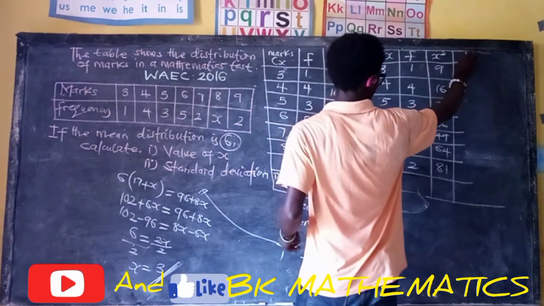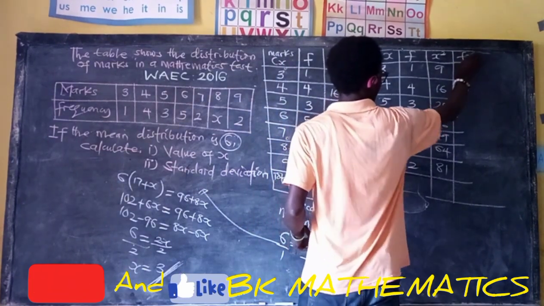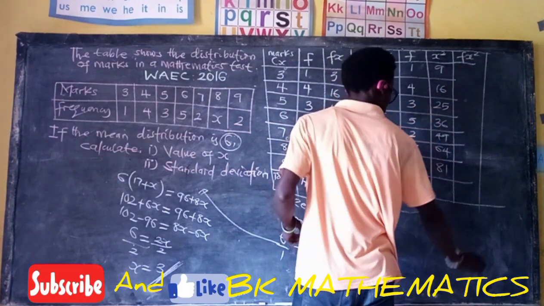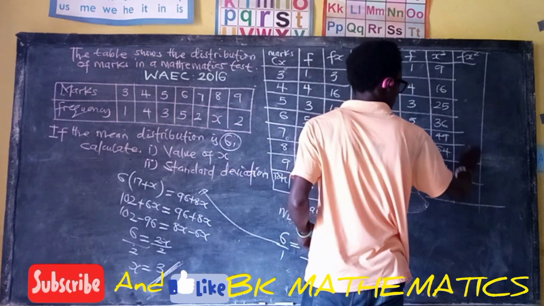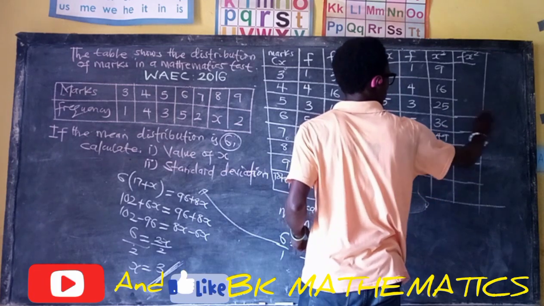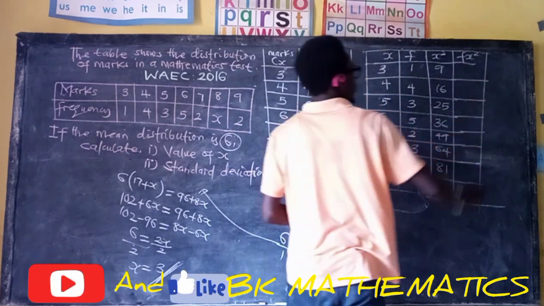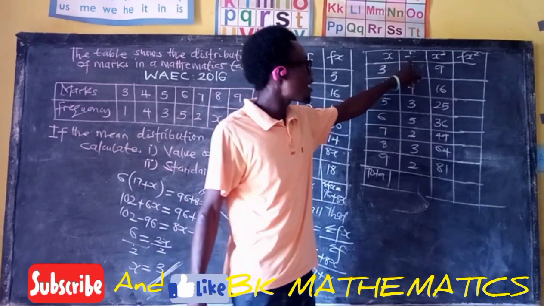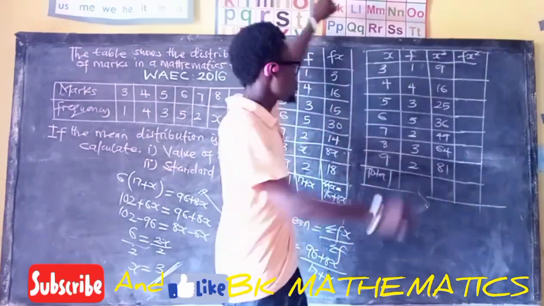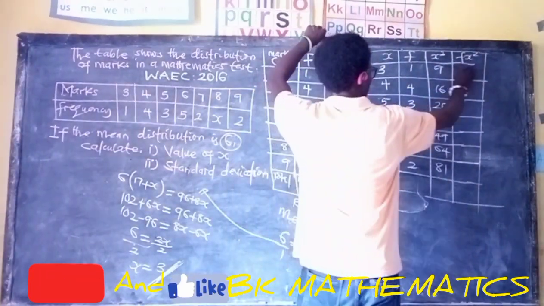Then the last column that we have to consider here is fx squared. To get this, you multiply f and x squared. You say 1 times 9, this is 9.